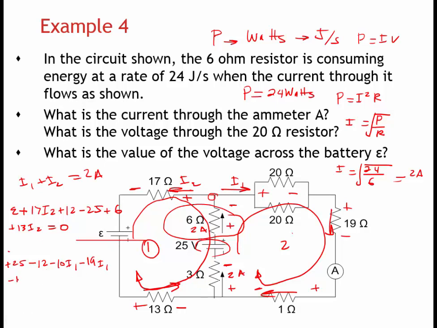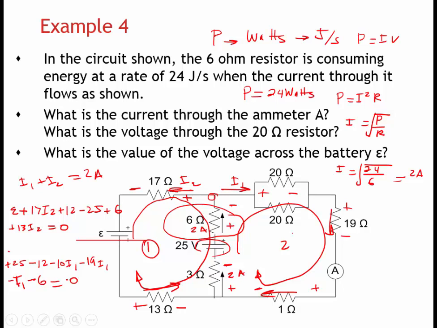And then minus 3 times 2, which is 6, so minus 6 equals 0.